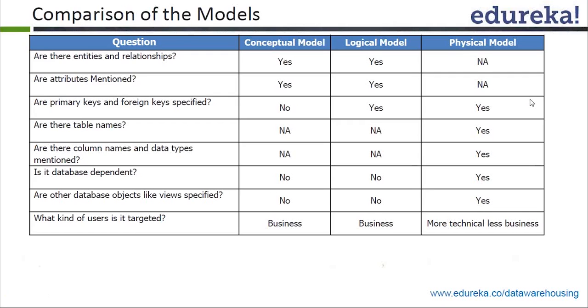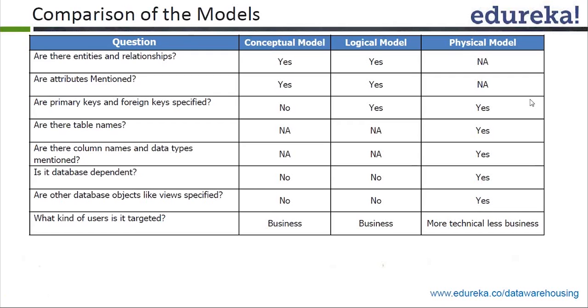Is it database dependent? As I discussed, the conceptual and logical data models do not depend on the underlying database, as we are going to build the actual database. But the physical data model depends on the underlying database, because different database software can have different data types and so on.